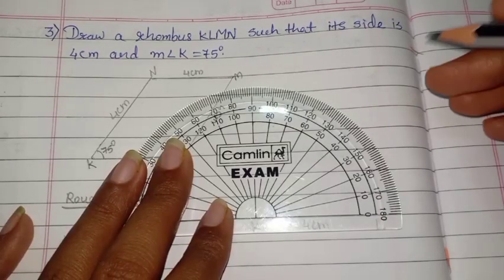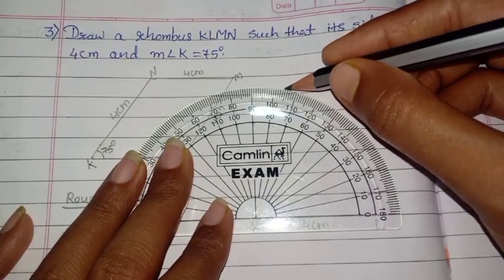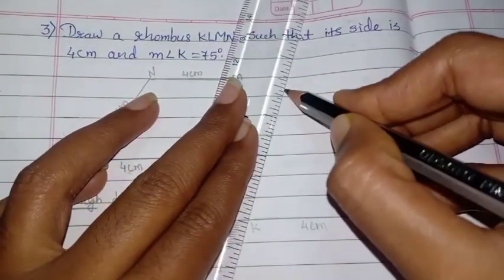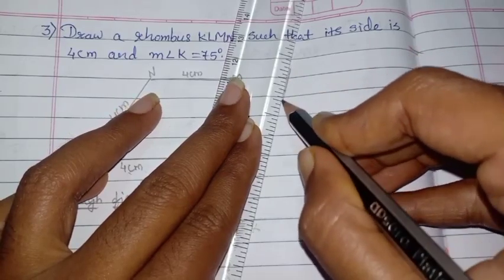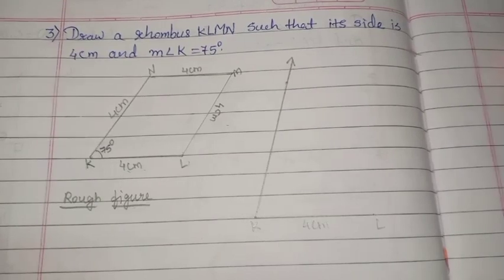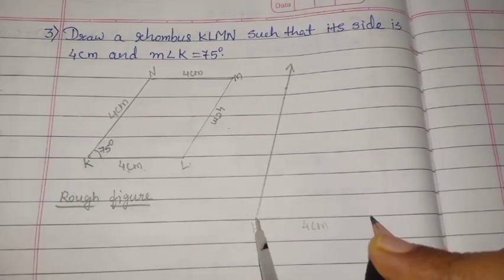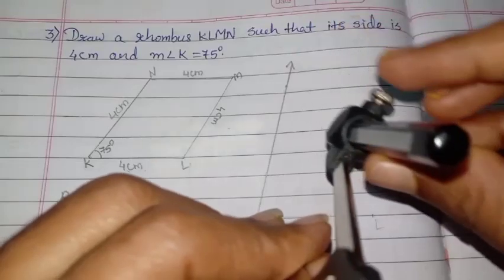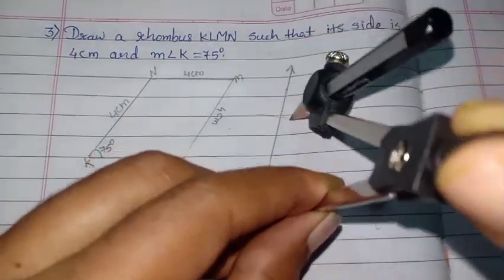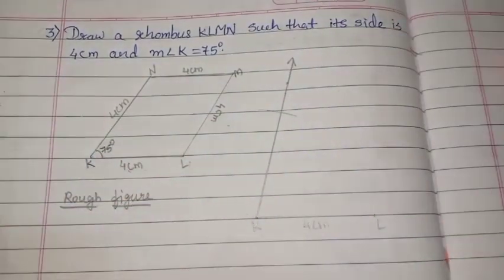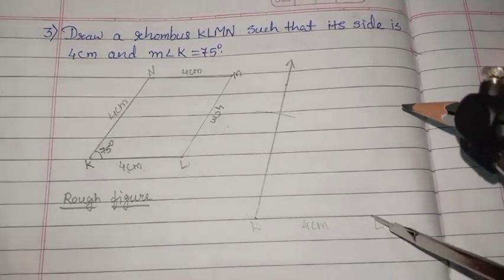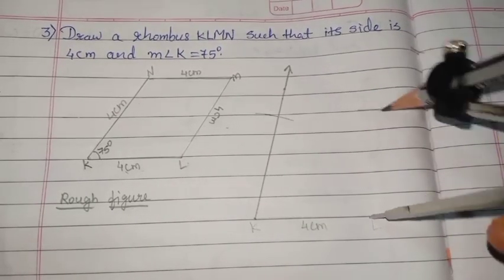Now put the protractor on point K and mark 75 degrees. Draw a line through this.